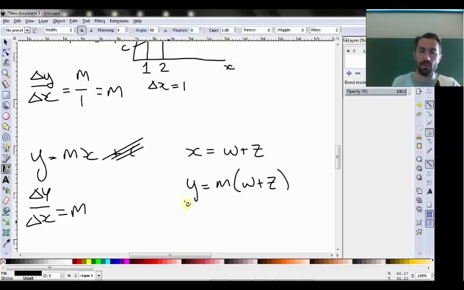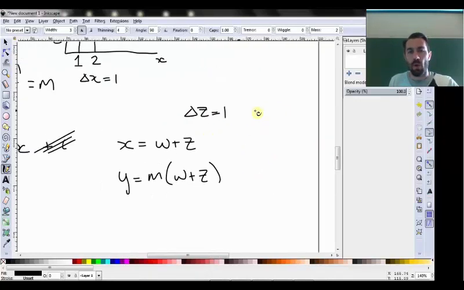Okay. Now, if I change z, and the change in z equals 1, what is my change in x going to be?